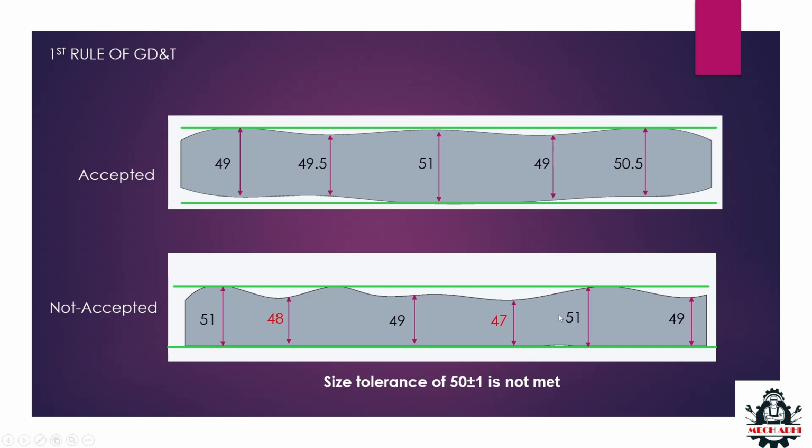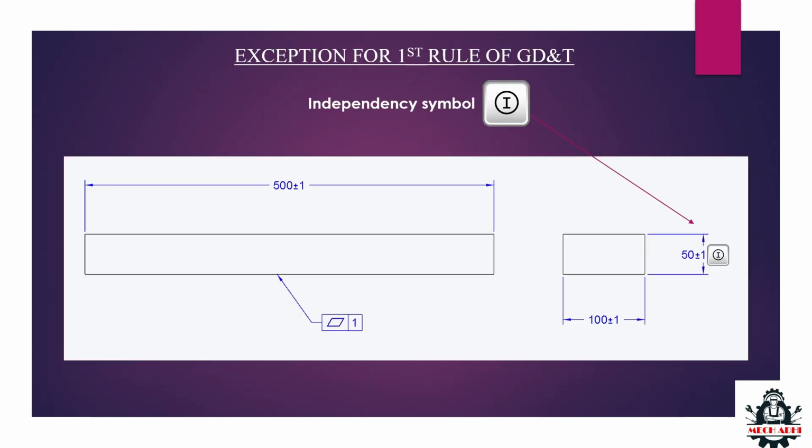Now that we've learned about the first rule of GD&T, it is equally important to know the exception to this rule as well. Whenever, as a design engineer, we feel that it is unnecessary for the part to have perfect form at MMC based on the function of the part, we can communicate the exception to the manufacturer. The way we do that is by using this circled I symbol.